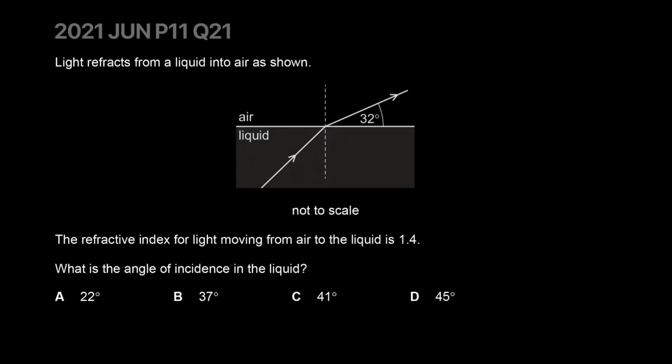The equation we're going to use is sine of incident over sine of refracted equals the refractive index of the light in a vacuum divided by the refractive index in the liquid, air and liquid.